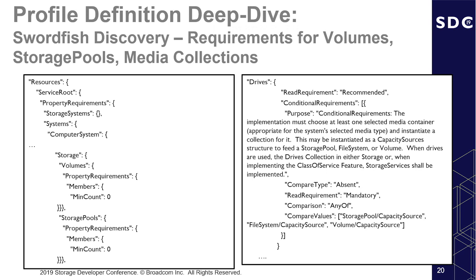I haven't gone through in detail, but we have a structure inside the storage pool called capacity sources. That's normally where you say, here's whatever media you're using for this. You can have pools of pools, you can have pools of volumes, you can have volumes of volumes, so you can comprise pools hierarchically.